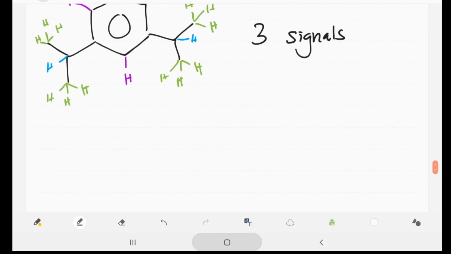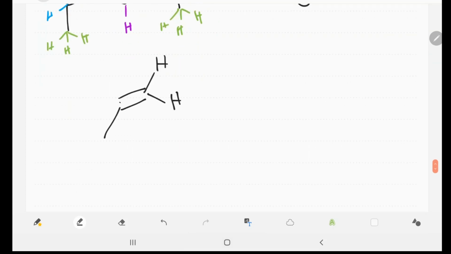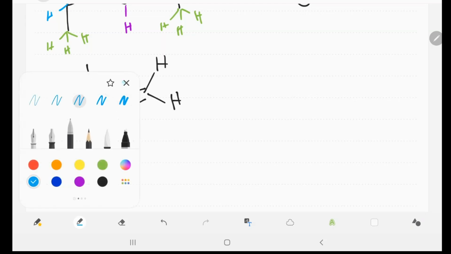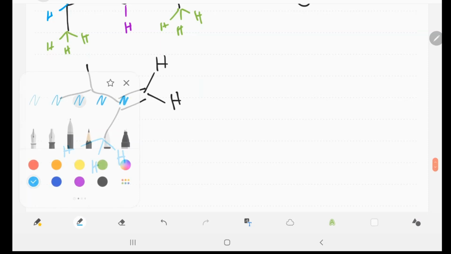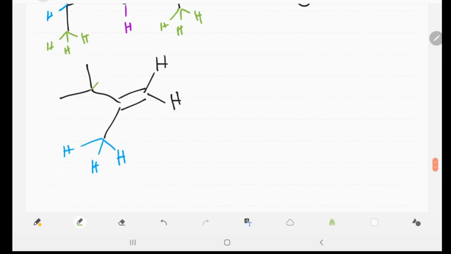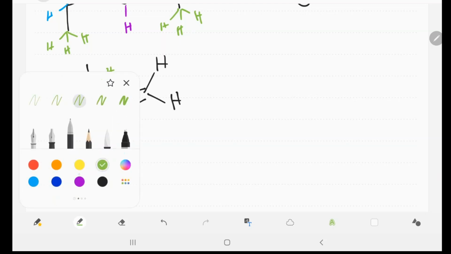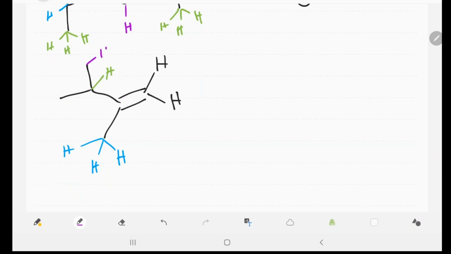What we haven't talked about is things with double bonds. With something like this, we're going to see one, two, three, four, five types, actually.